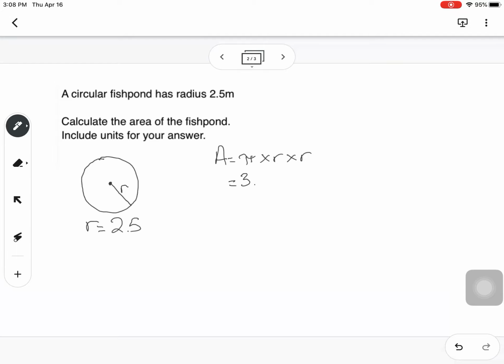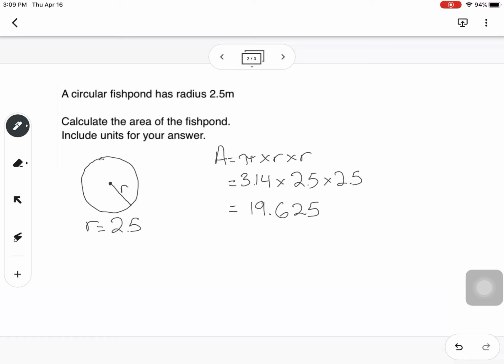So pi is 3.14 times our radius, 2.5, times our radius, 2.5. So we have 3.14 times 2.5 times 2.5 is equal to 19.625.